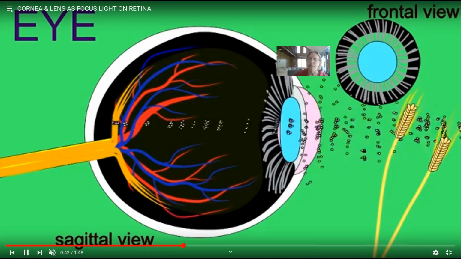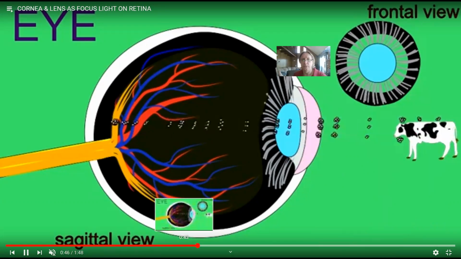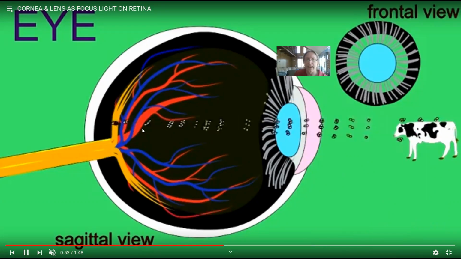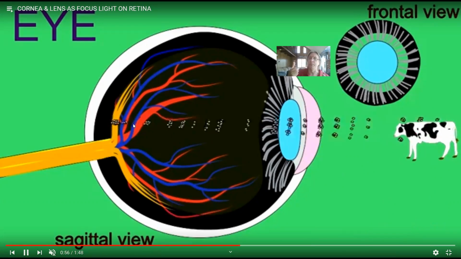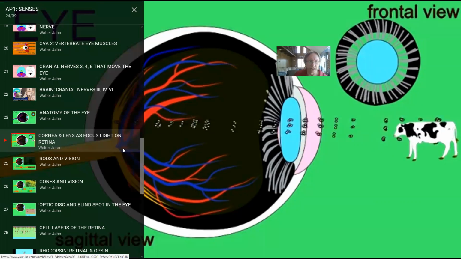And just like the microscope inverts things so that when you move the slide right, it looks like it's moving left. And when you move the slide away from you, it looks like the image is moving towards you. The light from this cow, if you're asking how the image of the cow hits the retina, it's actually upside down and backwards. So this is a lens, just like the lens of the microscope that inverts things, and our brain just switches it, as I said.